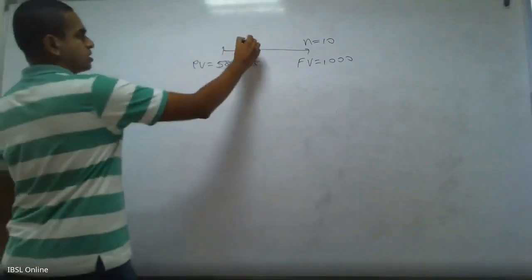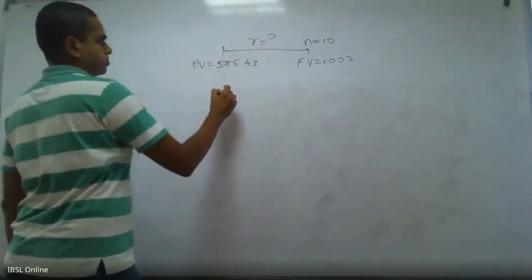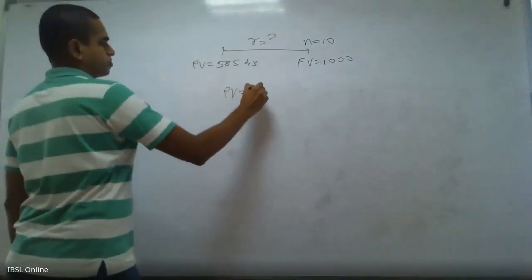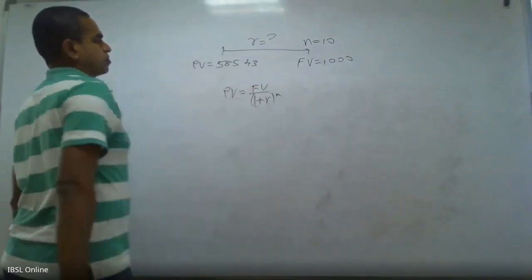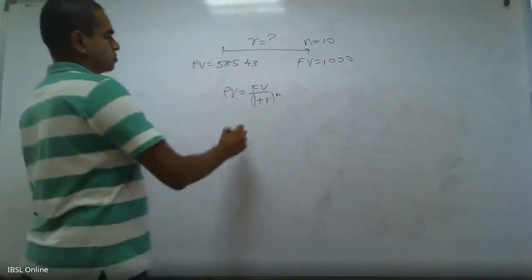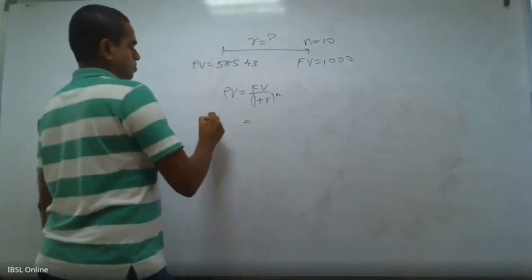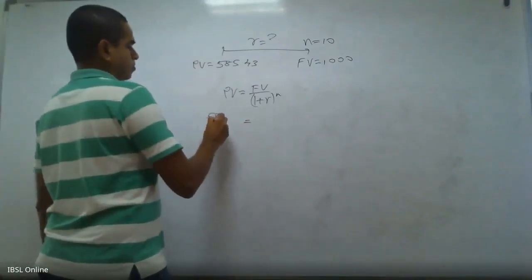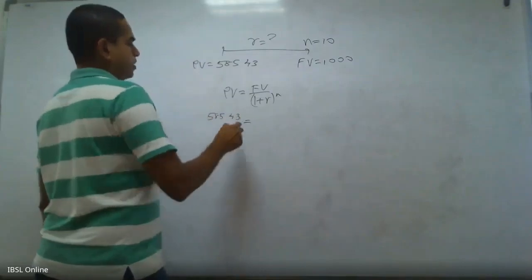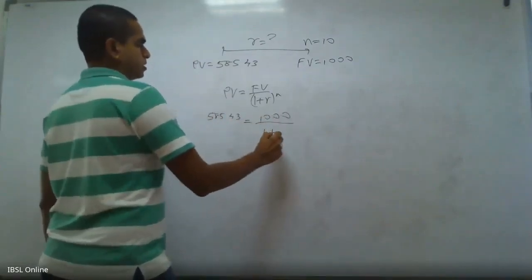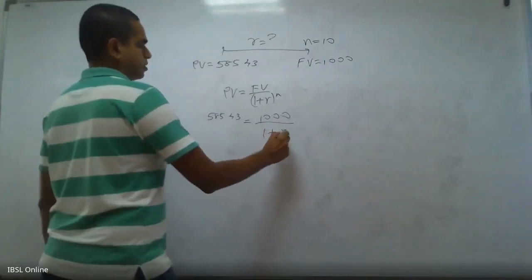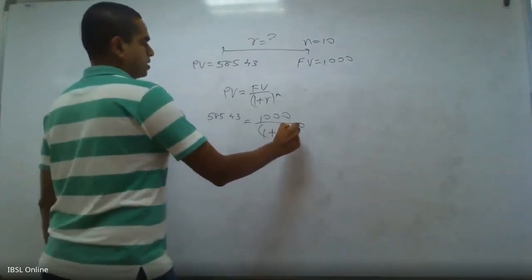Question is, what is the return? Present value 585.43, future value is 1000. 1 plus the interest rate is what you need to find. N is 10.